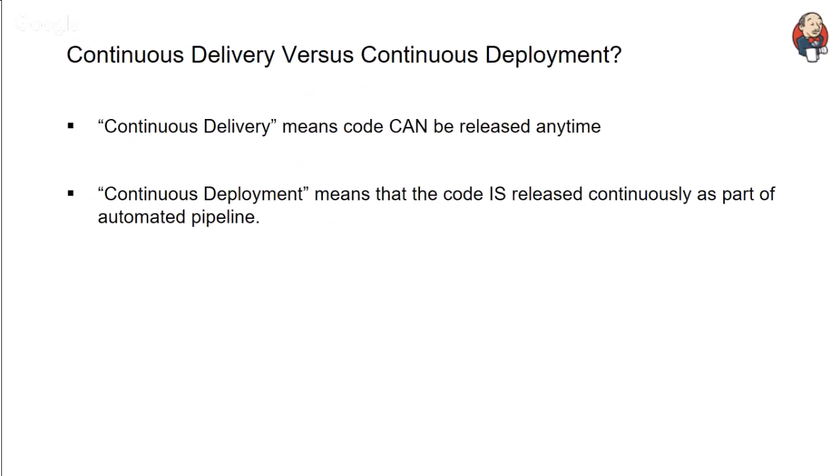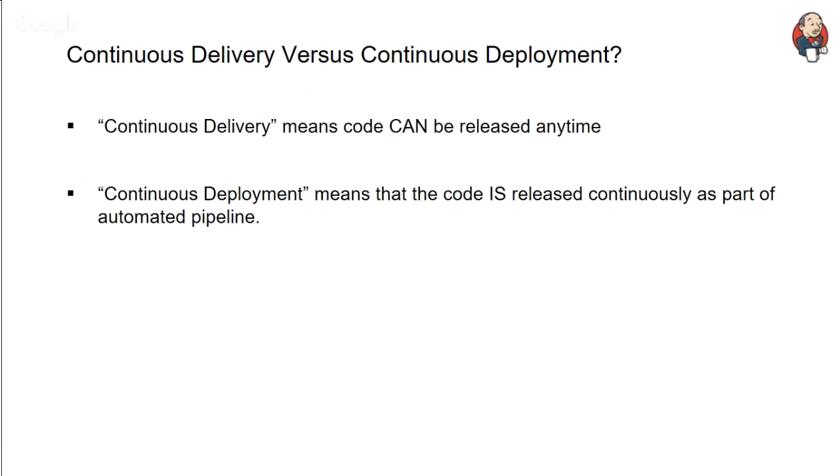Next is an important concept: the difference between continuous delivery and deployment. When we say CD, it can be either continuous delivery or continuous deployment. Continuous delivery means it can be released at any time, but I have highlighted "can".